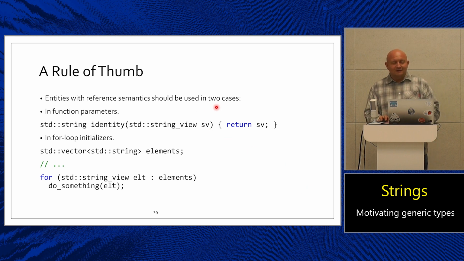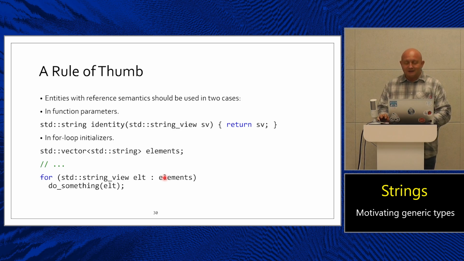Second, in for loop initializers, like in this example, where we have a vector of strings and we iterate over them as string views. Great idea and completely safe. If you see them anywhere else, that's a huge red flag. You need to stop and double check the lifetimes.